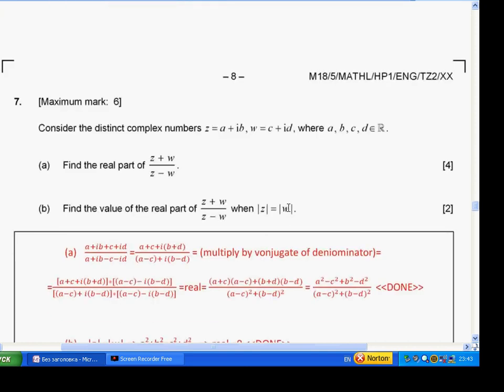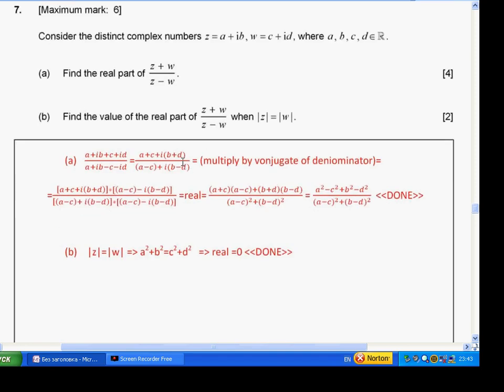Question 7 is about two complex numbers. It is a straightforward question. In A we should find the real part of this ratio. So we substitute the values, and the standard way is to get rid of the imaginary part in the denominator. To do that, we multiply both numerator and denominator by the conjugate. The conjugate is just the sign changed.